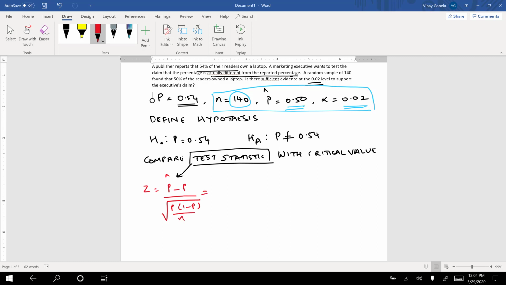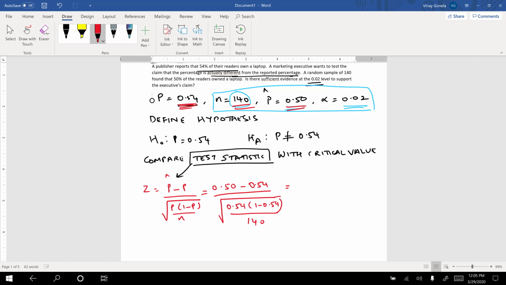So we will substitute those values here. Our values are: p hat is 0.50, and p is 0.54, and the square root of p, again 0.54, times 1 minus 0.54, over n, which is 140.